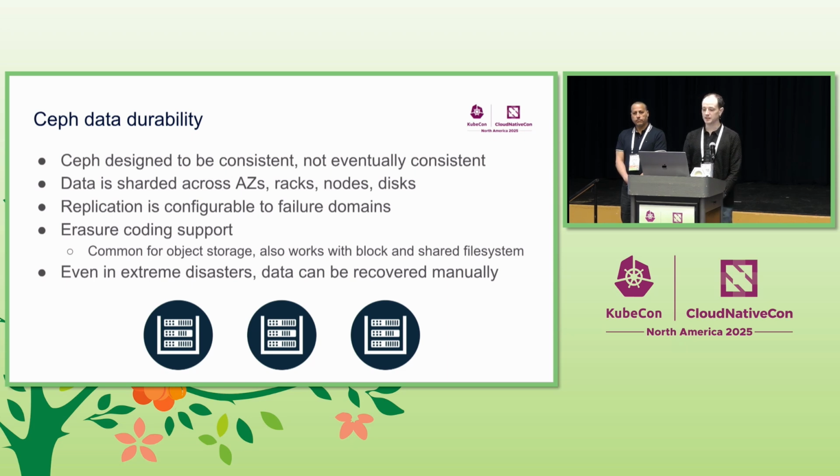Replication is the default, but Ceph also supports erasure coding in recent years, which is really common for object storage, especially cold storage scenarios. And even in really extreme disasters, we've been able to recover data from Ceph clusters manually.